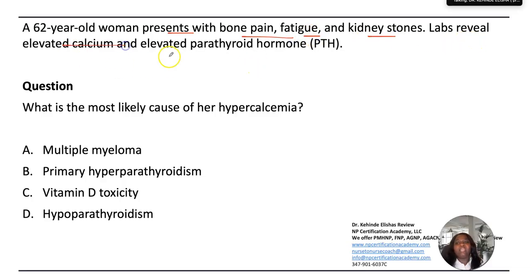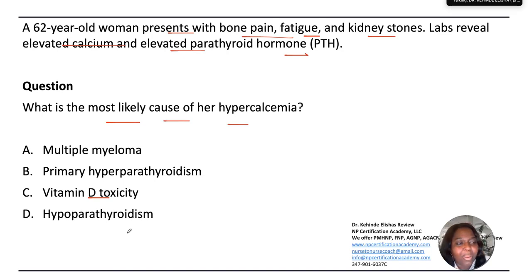Lab reveals elevated calcium and elevated parathyroid hormone. What is the most likely cause of hypercalcemia? A. Multiple myeloma. B. Primary hyperparathyroidism. C. Vitamin D toxicity. D. Hypoparathyroidism.